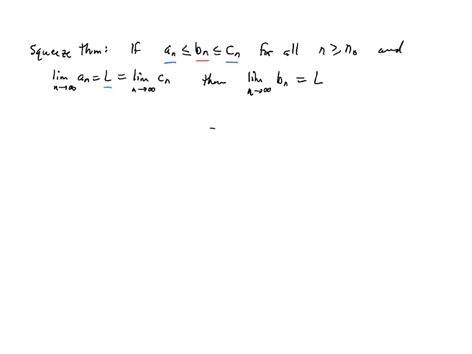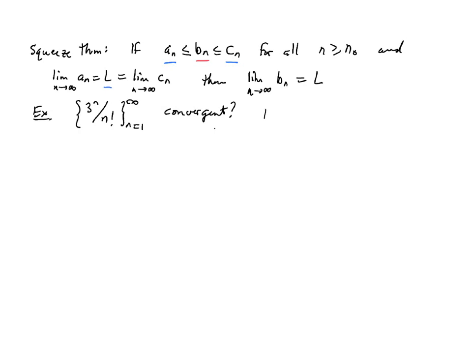So let's look at an example of that. I want us to figure out whether or not the following sequence, 3 to the n over n factorial, as n goes from 1 to infinity, is convergent. And the idea with this is that we're going to write out some terms and look for a pattern, and we're going to be able to apply the squeeze theorem.